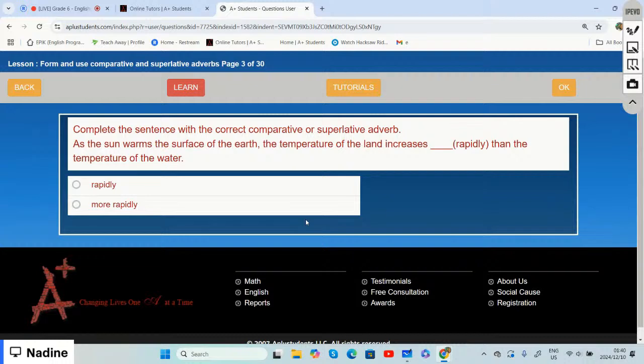So remember, it says, as the sun warms the surface of the earth, the temperature of the land increases than the temperature of the water.